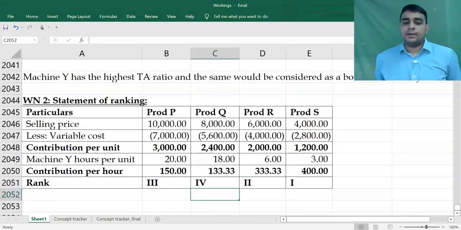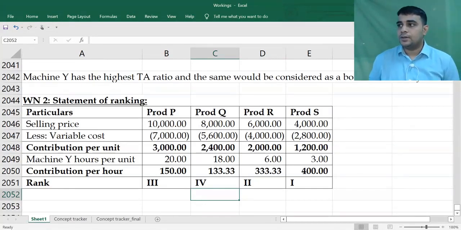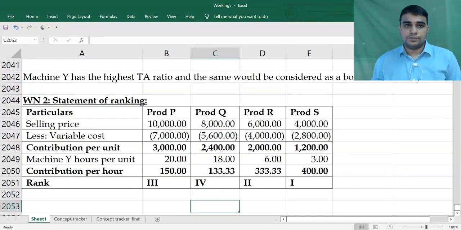This is the ranking 3, 4, 2 and 1. Let me know if there are doubts here. Ranking is product S, then R, then P and then finally Q. Any doubts on this? Clear? Can you proceed?